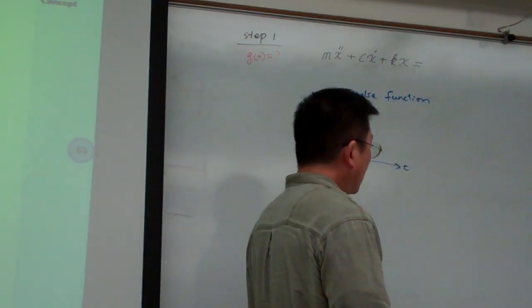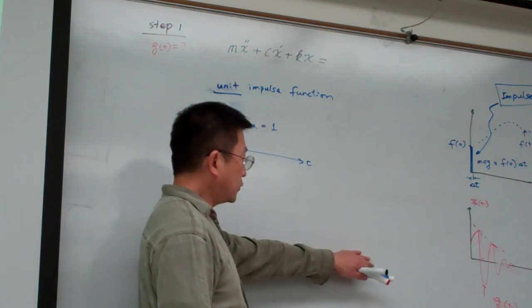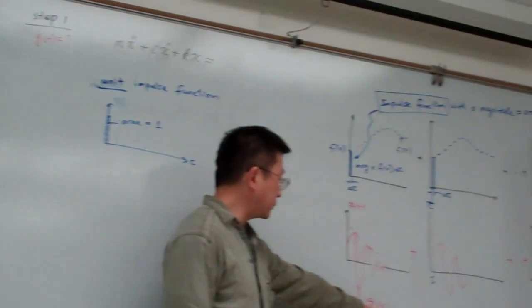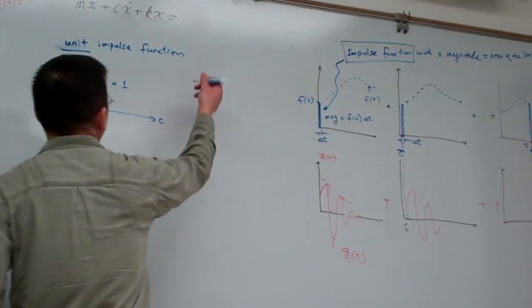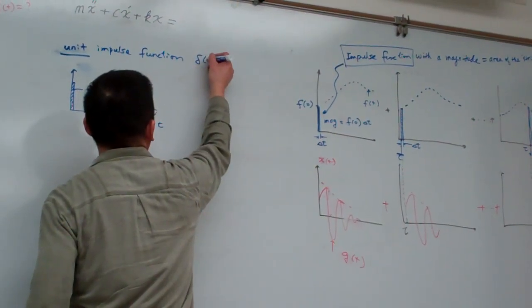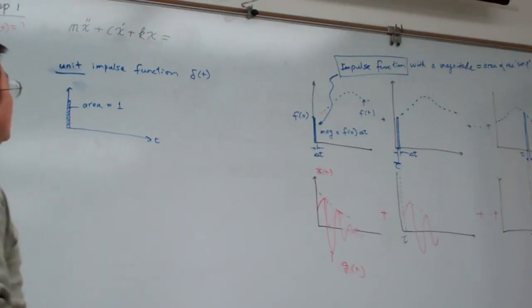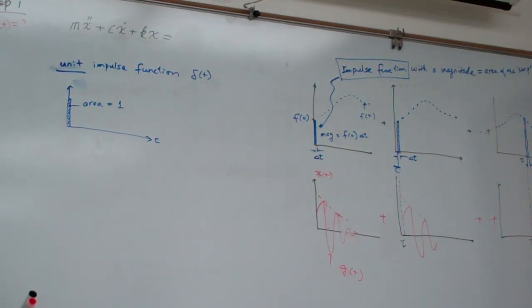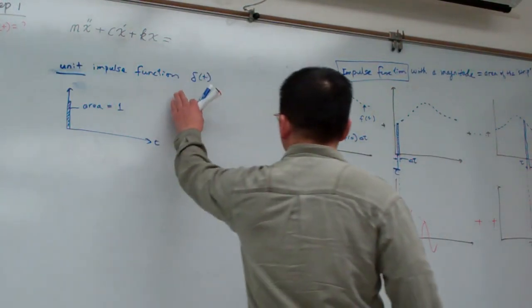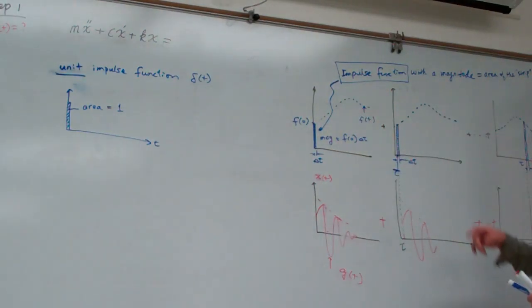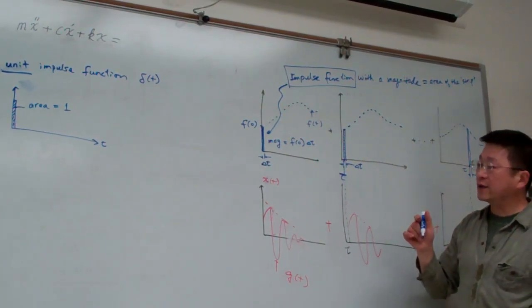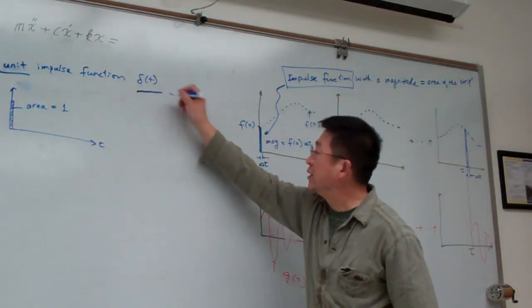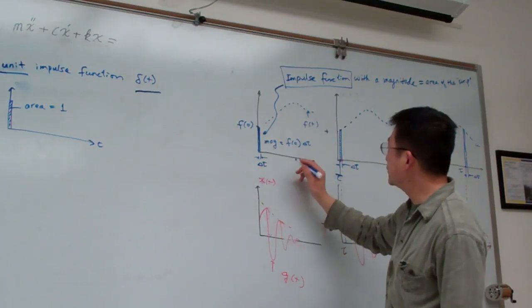And for my descriptions, I want to have the description more generic. So that means this unit impulse function, usually we use delta t. Okay. So by introducing the unit impulse function in this way, this impulse function, for this case, if you like to describe in mathematics using our symbols here, then you can describe it as this.